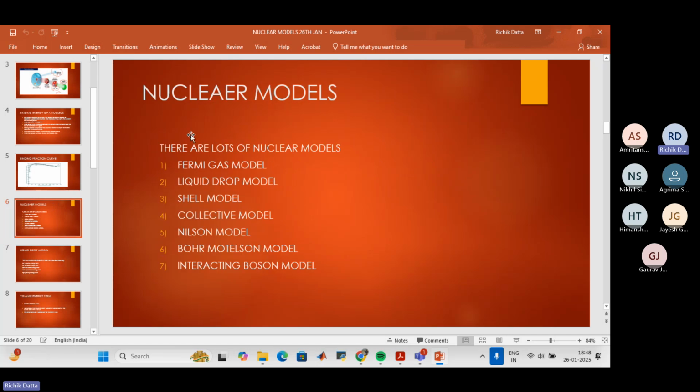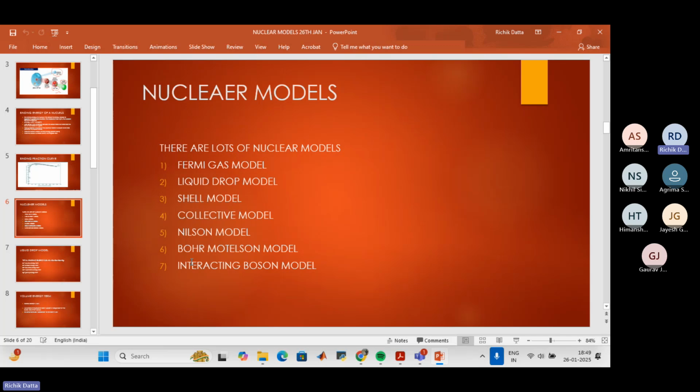So these are the basics of nuclear models. There are many more basic properties, but I am not discussing them because our main motto is to discuss nuclear models. There are lots of nuclear models: Fermi gas model, liquid drop model, shell model, collective model, Nilsson model, Bohr-Mottelson model, interacting boson model.